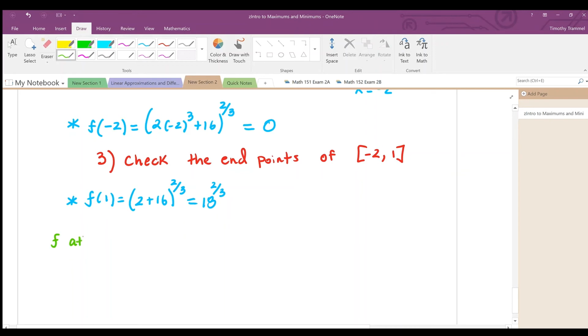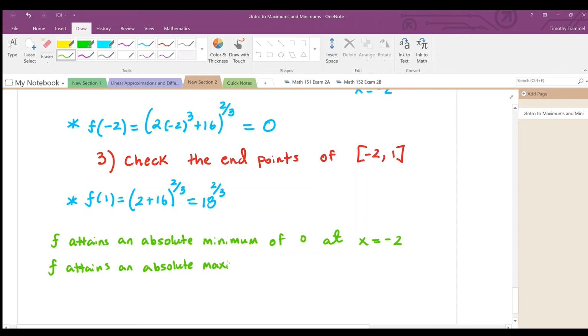F attains an absolute minimum of 0 at x equals negative 2, and f attains an absolute maximum of 18 to the 2/3 at x equals 1.